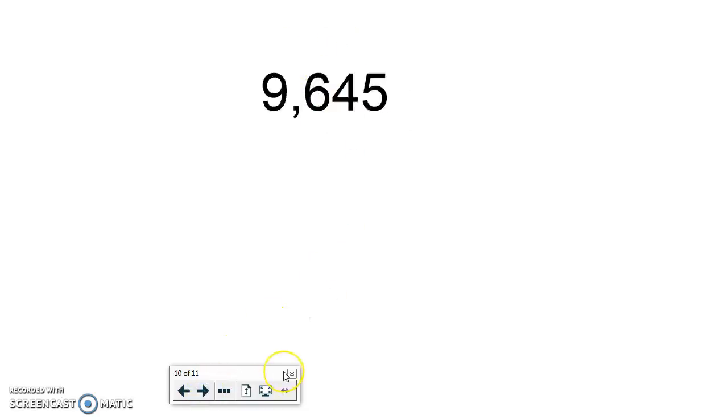All right, last one. 9,645. Erase what was on there and put this on there now. Here we go. Put an X through the digit in the tens place. You should have put an X through the 4. Put a circle around the digit in the ones place.